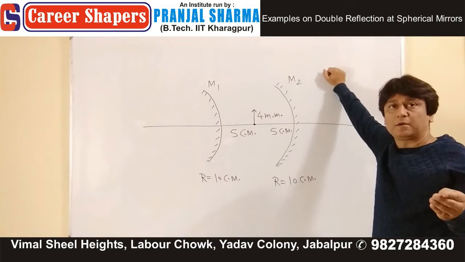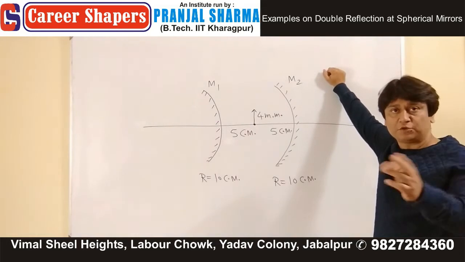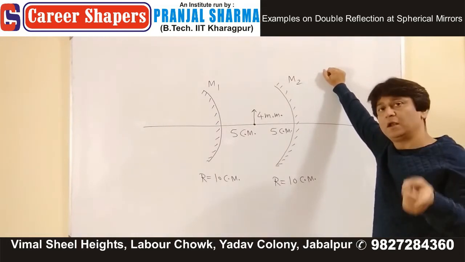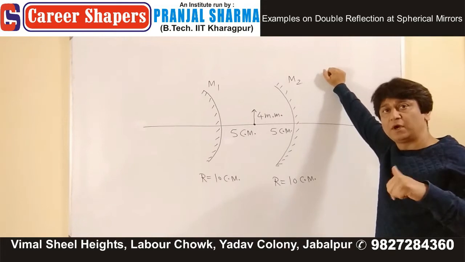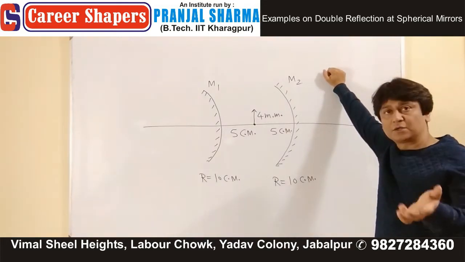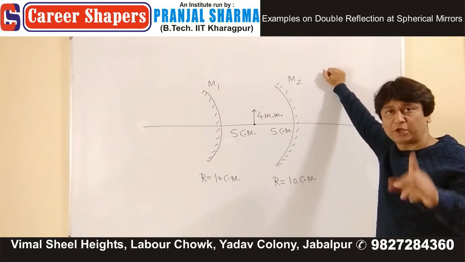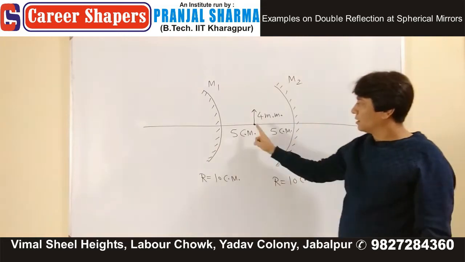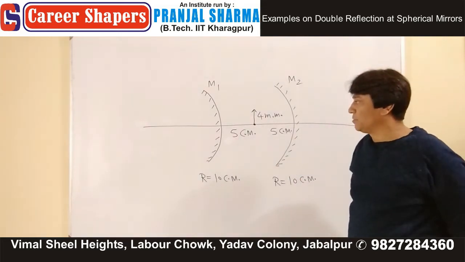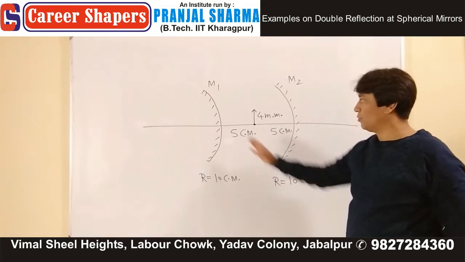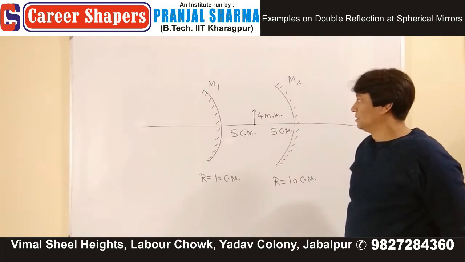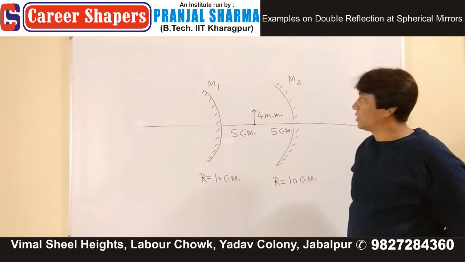You need to provide whether the final image which you get is real, virtual, erected, inverted, enlarged, diminished, everything you need to provide. At a distance of 5 centimeter lies your object from both mirrors. Let's see if you can answer this question.